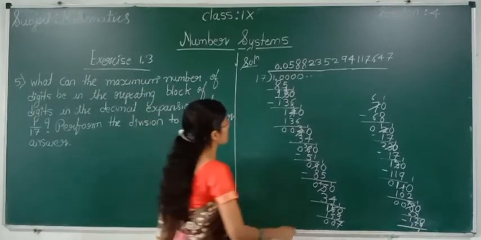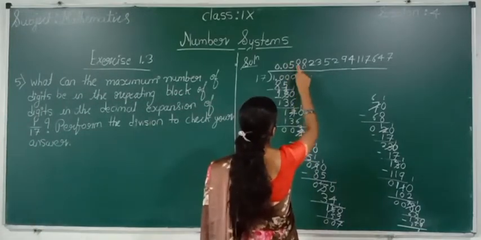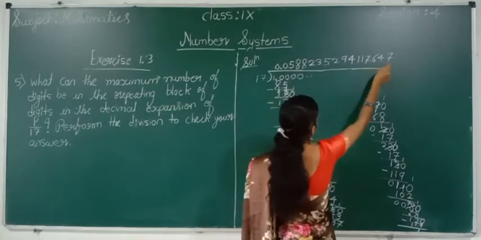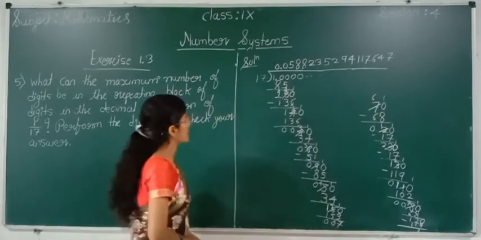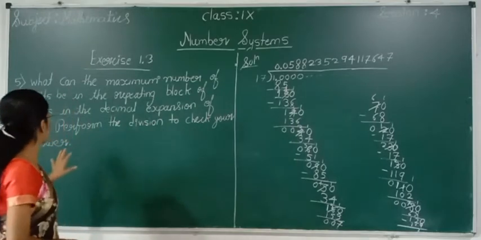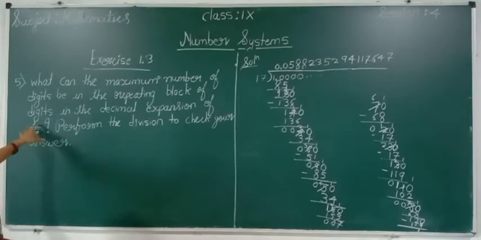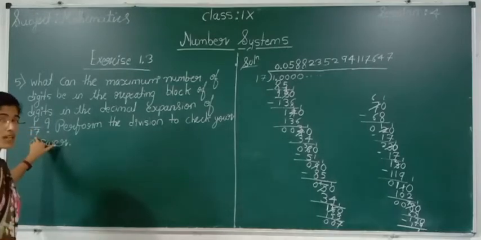How many numbers? 1 2 3 4 5 6 7 8 9 10 11 12 13 14 15 16. What we can tell: the maximum number of digits in the repeating block of digits in the decimal expansion of 1 by 17 can be 16.